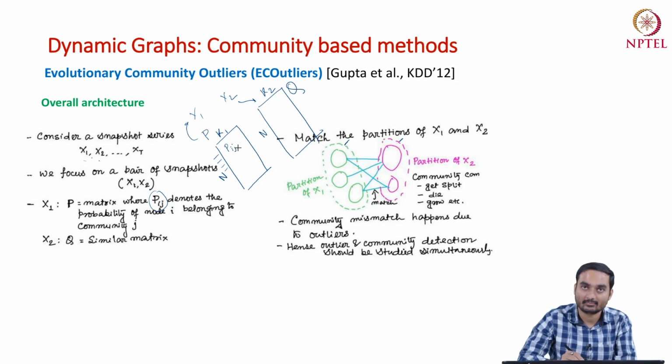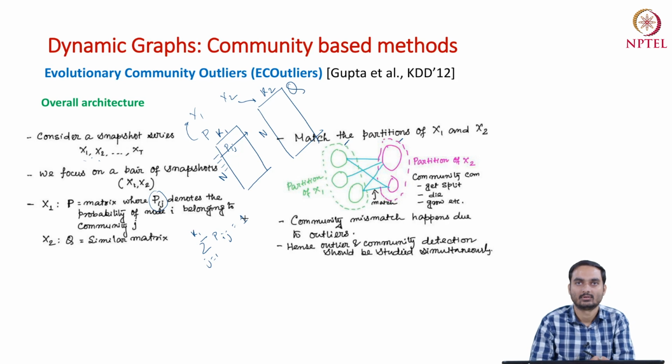We also make sure that the sum of entries of each row of P should be 1. So, the total belongingness of a node to different communities is 1, and you have partial belongingness to different communities.